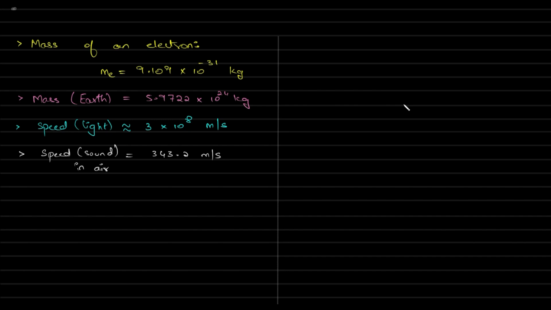We measure a lot of things, starting from something like mass of an electron, mass of earth, speed of light, speed of sound in air, how much money a person has, the wealth they have, height of a person, the amount of food we eat. We measure everything, is it not?